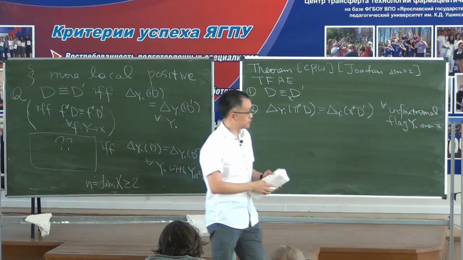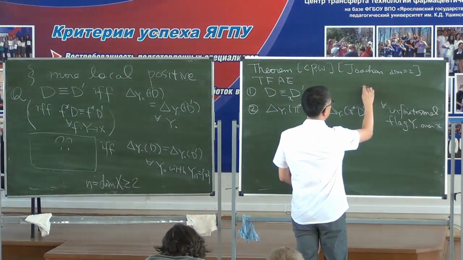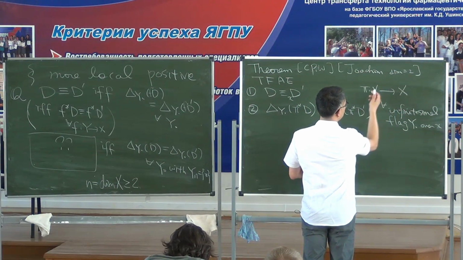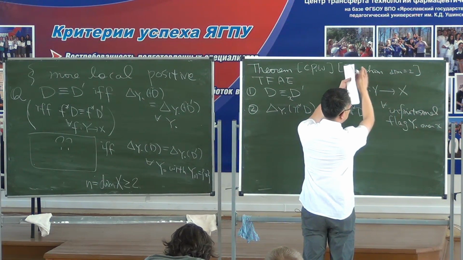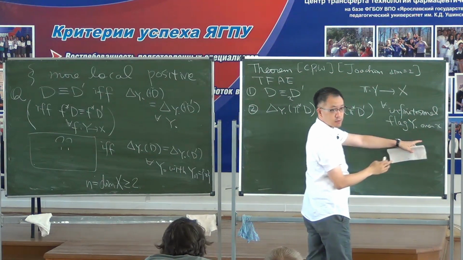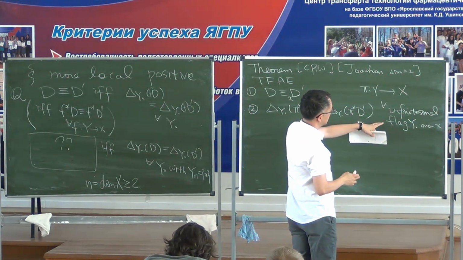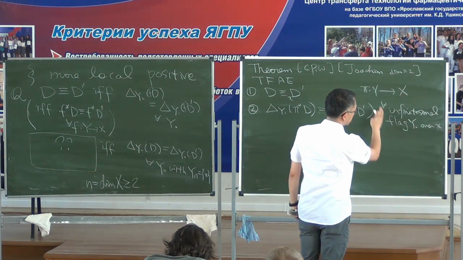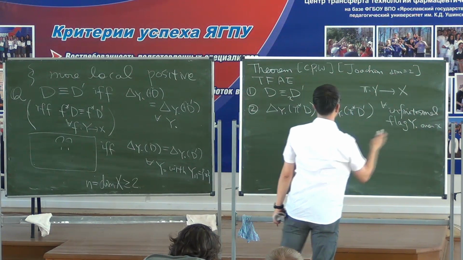So infinitesimal flag means you have a bidirectional morphism from y to x, and you have a flag here. Then all the flag collapses to x. So this is called the infinitesimal flag. Okay. So all the components in the flag collapse to x.